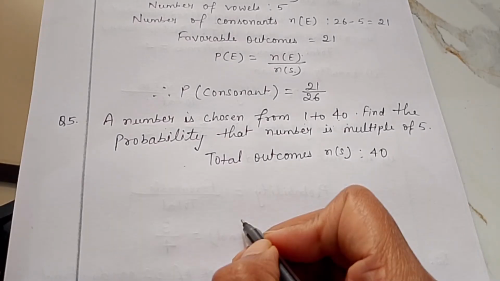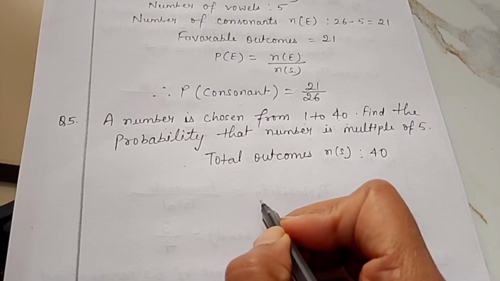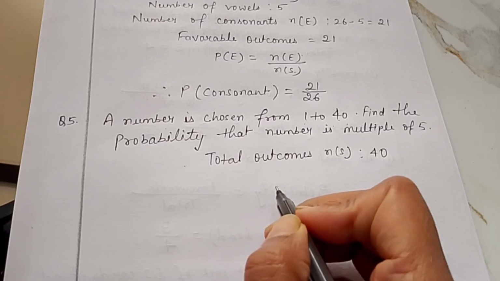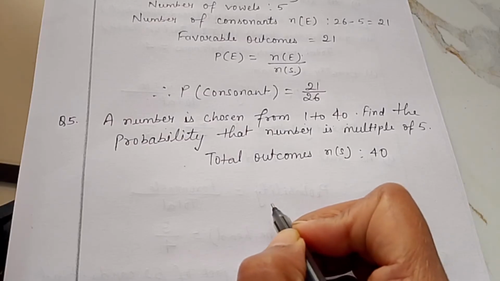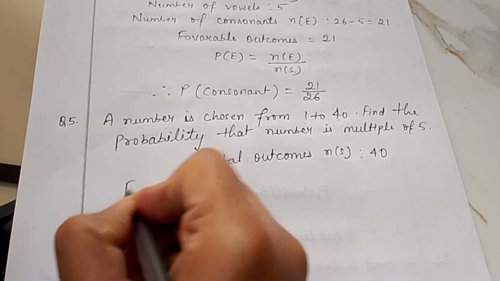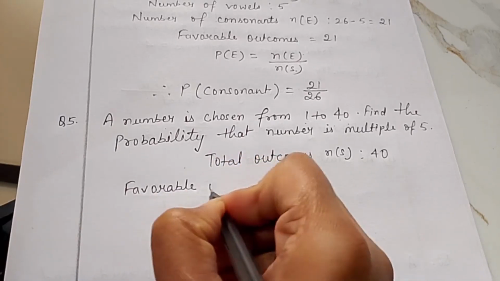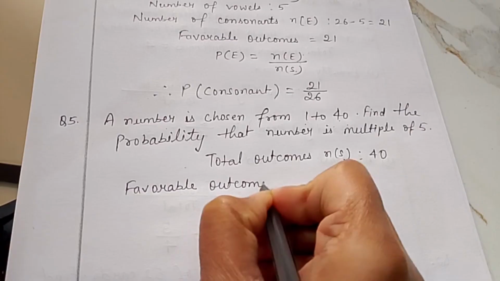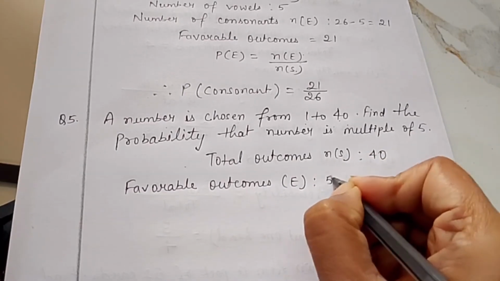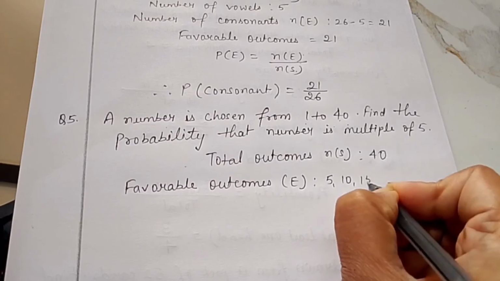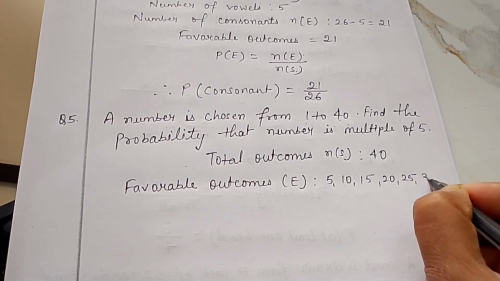Now we need our favorable outcomes. These are the numbers that appear in the 5 times table up to 40. Let's list them out. Favorable outcomes are 5, 10, 15, 20, 25, 30, 35, 40.